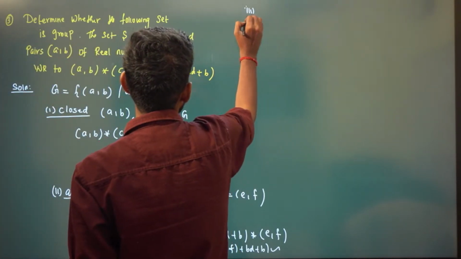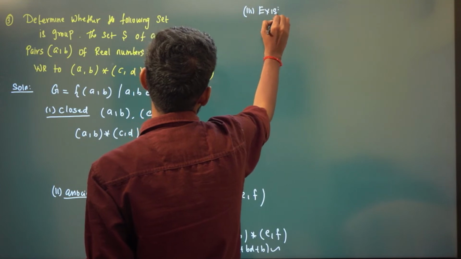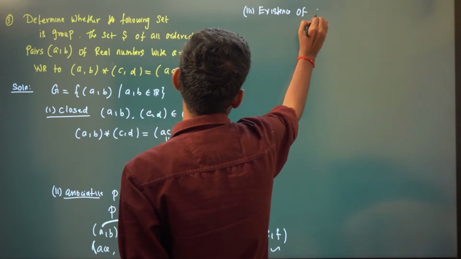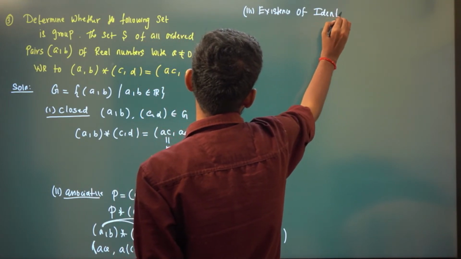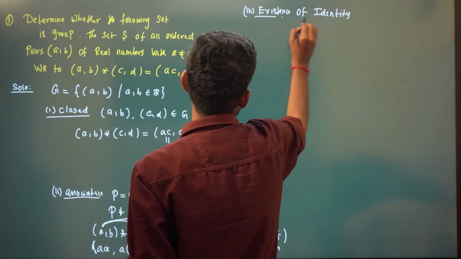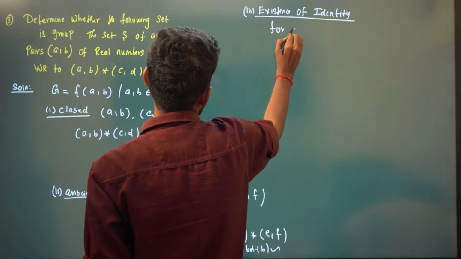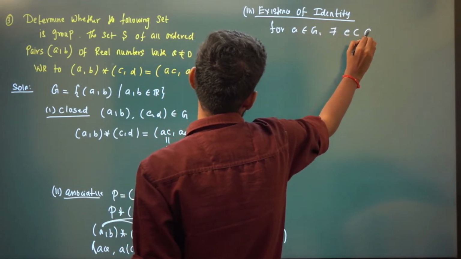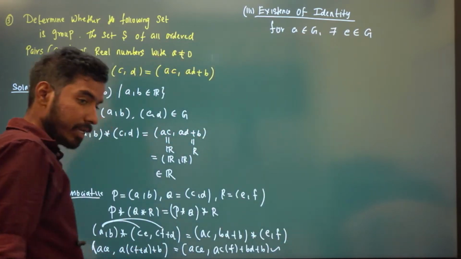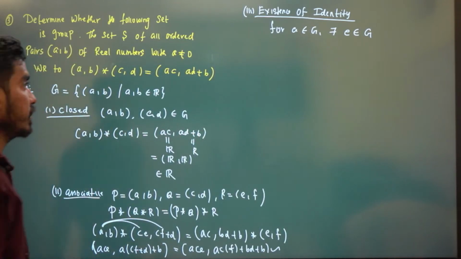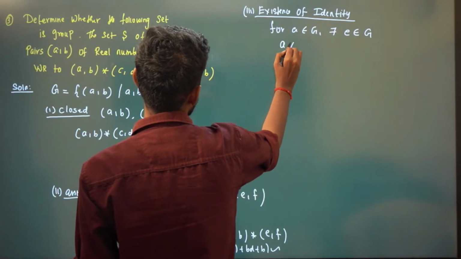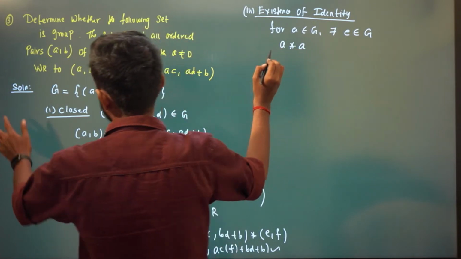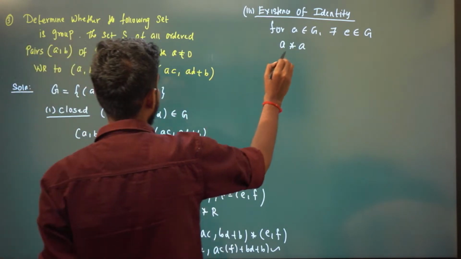Existence of identity. For A belonging to G, there exists an element E in G such that A star E equals A. Here every element is a pair, right?